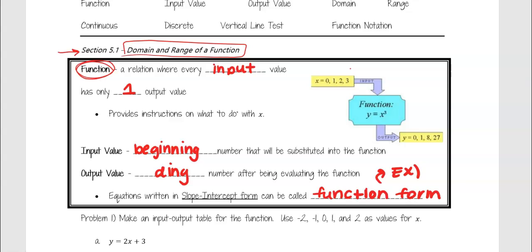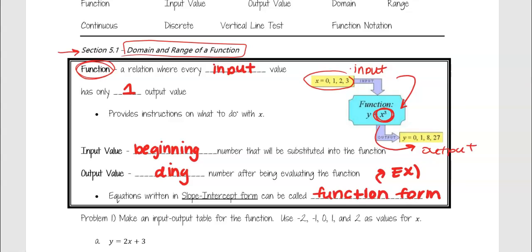The function provides instructions on what to do with x. So I have an input, here's our x values, and I put them into the function. The function does something to them, whatever it is, and then when it spits it out, we have our output values.